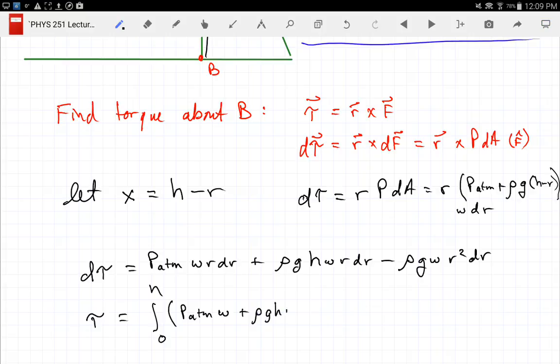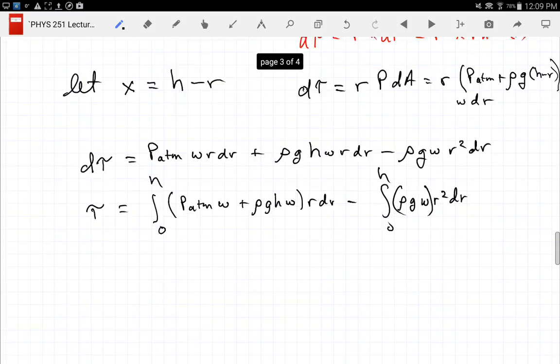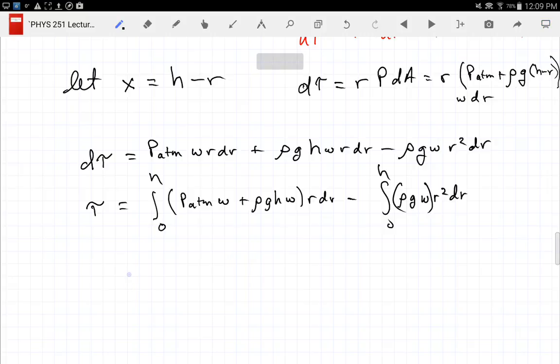I'm going to combine these two back. And doing this, then I will have my final answer.